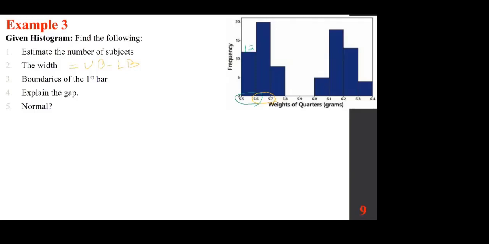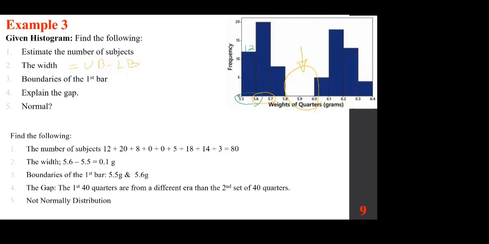Okay, so we have those. And there is a gap here. As you can see here, the height is 0 in this case. So again, that can be explained. And whether it's normal or not, clearly it's not a normal distribution. For the number of subjects, you need to add those heights, 12 and 20 and 8 and all the way to the end, and there are 80 subjects, in this case, quarters.